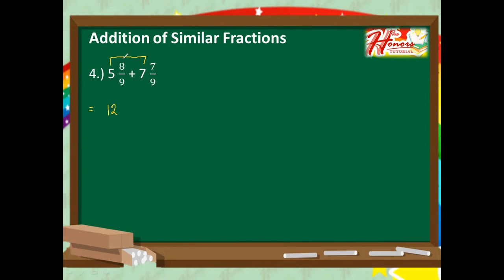You have to add the numerators. So 8 plus 7, what's the answer? Correct, that's 15. So we will write 15 here over 9. Don't mind the whole number. Kindly focus on the fractions that we have here. So we have here 15 over 9.